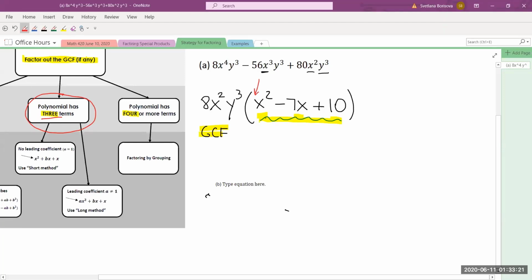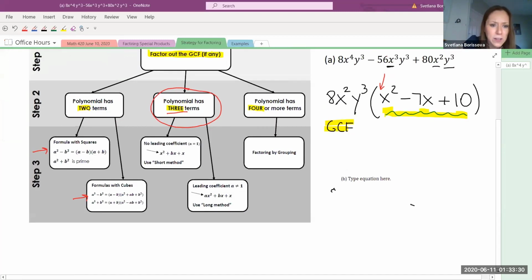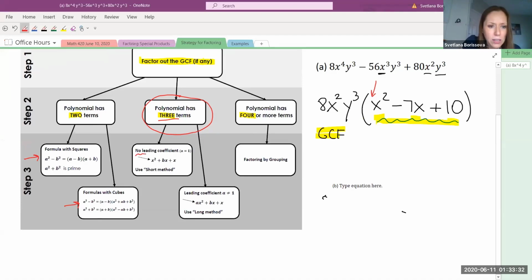A 1. Right, so that's the case with no number, and that's the short one. On this handout, it's the one with no leading coefficient, or a equals 1, and we're going to go with the short method. If you found a number in front of x squared, then you would use the long method. That's how you know what to do.